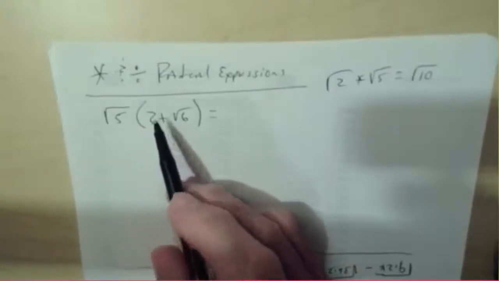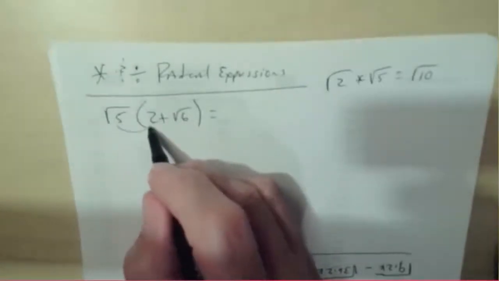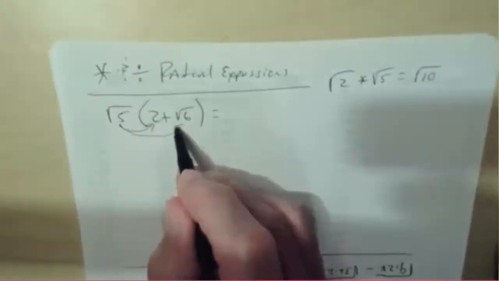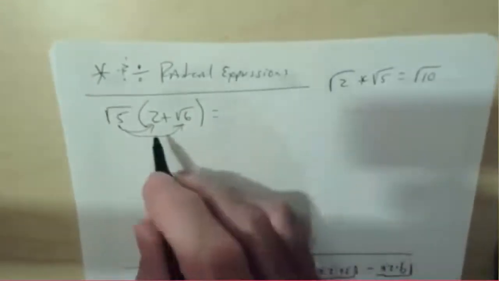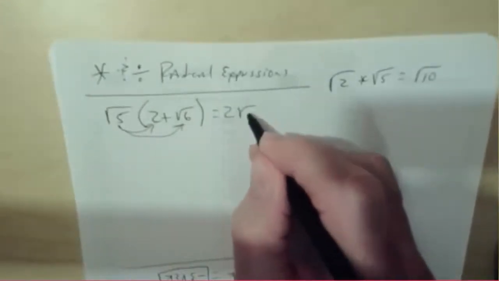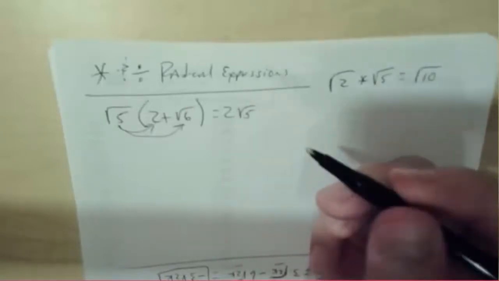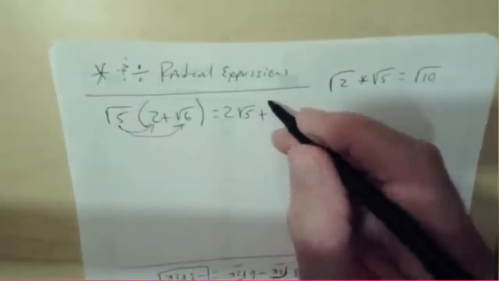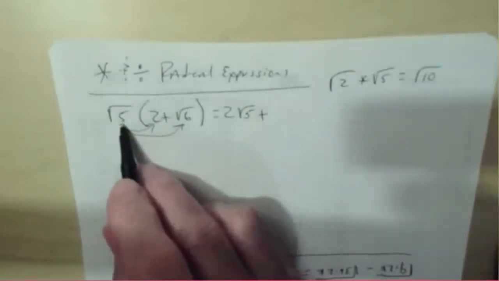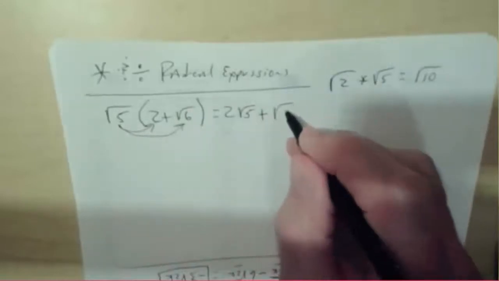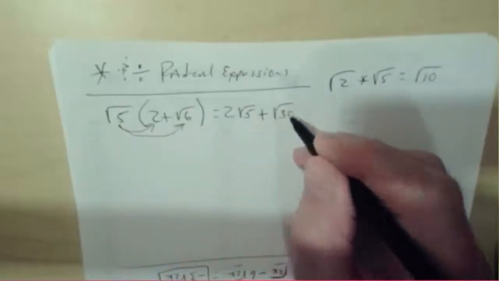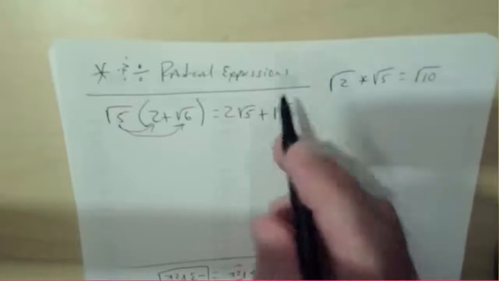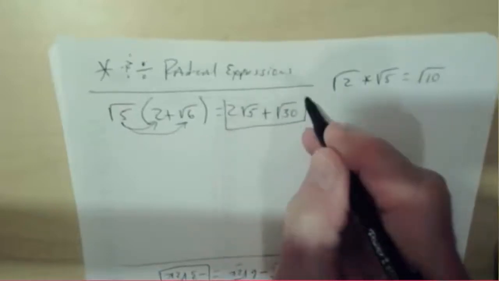So we're going to distribute the square root of 5 times 2, and then that one. So this one is 2 times the square root of 5, right? That times that, plus the square root of 5 times the square root of 6 is the square root of 30. Are these like terms? No. So that's all we can do.